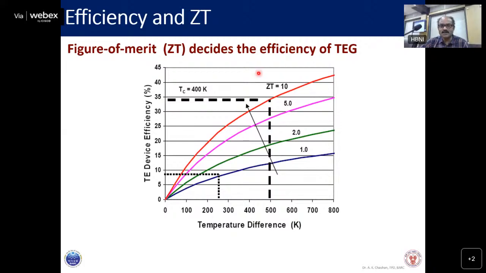So you see how the ZT value affects your efficiency. If you have nearly 2, about 20%. If you have a ZT value of 5, you will get about nearly 30% efficiency in thermoelectric devices.